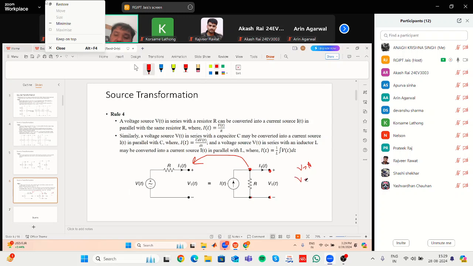So V will be equal to I, the current supplied by the source, multiplied by the resistance R. So this much amount of voltage source you have to use here. The resistance was connected in parallel to the current source, but resistance cannot be connected in parallel to the voltage source. That's why this resistance will be connected in series with the voltage source. The reason we have already seen.